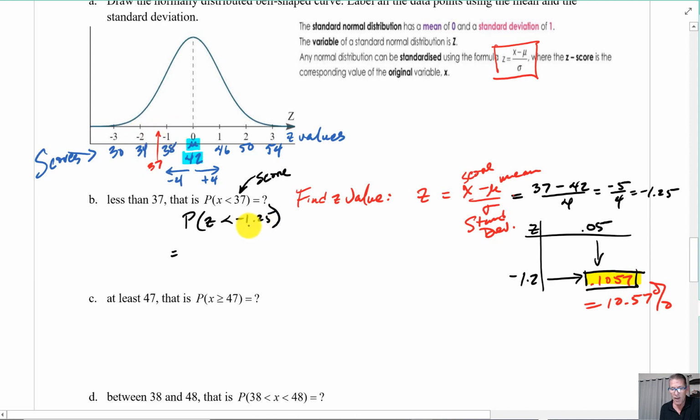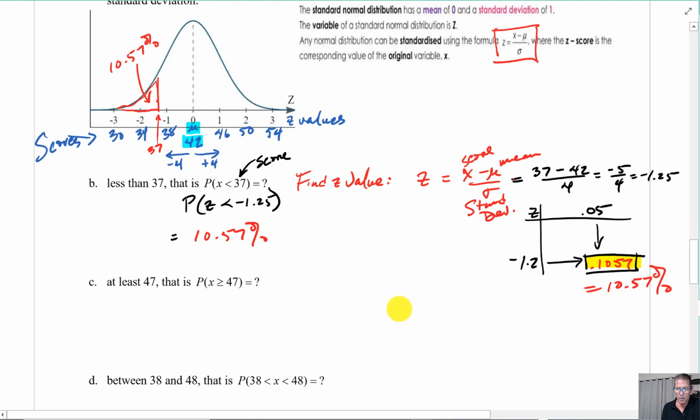I got a z-value of -1.25, so that makes sense. The area left of that is pretty small. It's this area here, and the table says it's a 10.57% probability that a score is less than 37.